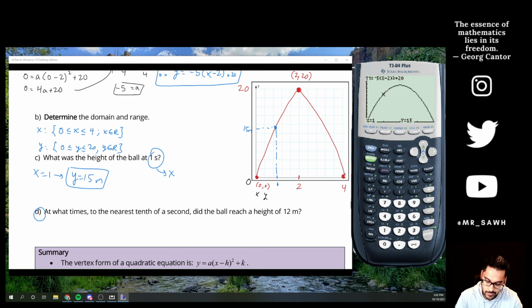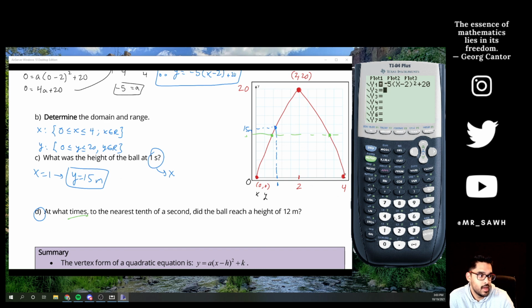So a height of 12 meters should be slightly less than that. There are 2 places where I have a height of 12 meters, which is why it says times, plural. I could find that in my calculator by hitting y equals and putting in the height of 12 for another line.